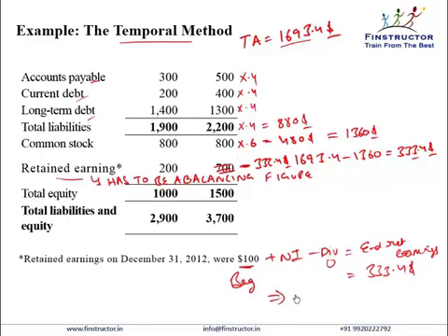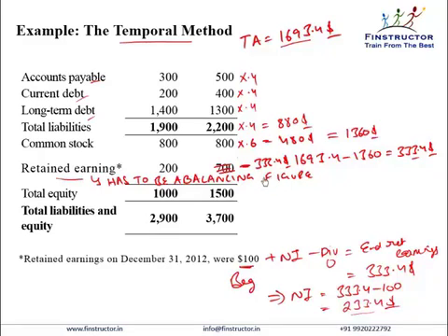Or the net income must be 333.4 minus 100, that is equal to $233.4. So whatever net income we have calculated hitherto has to be adjusted so as to make the net income equal to $233.4, since the retained earnings has to be $333.4.